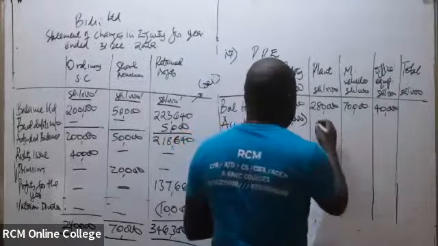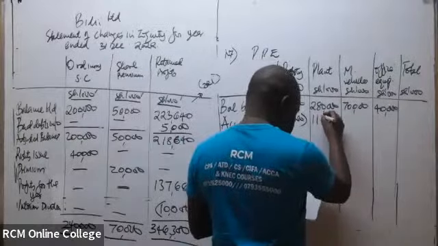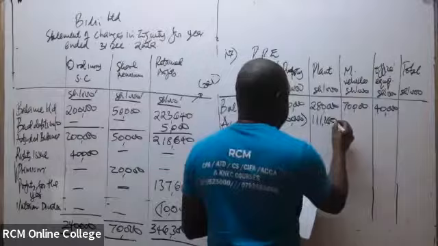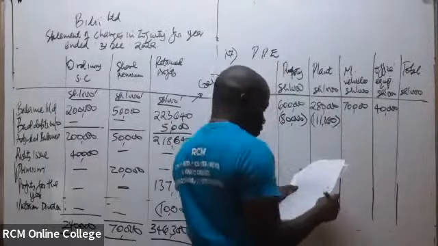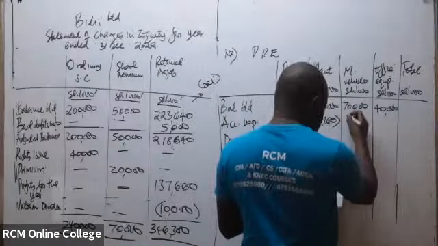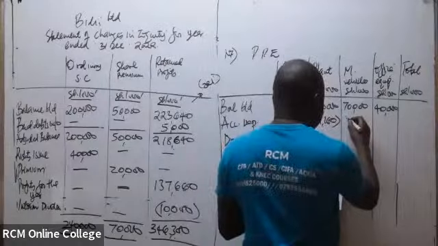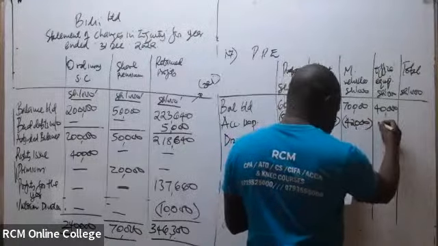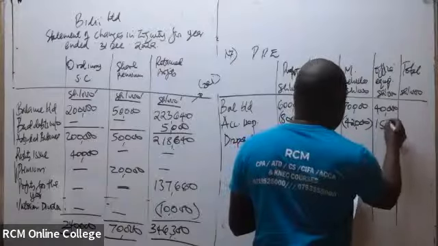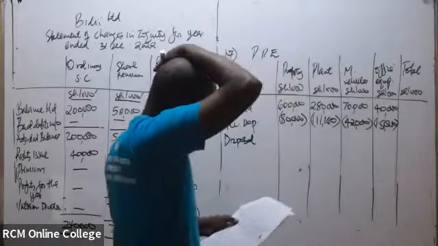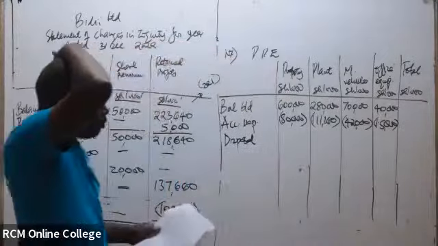This one we have 111. 160. This one we have 42 million. This one we have 15 million. Then we have a disposal.